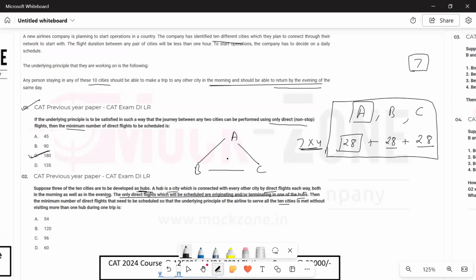That means 4 plus 4 plus 4, 12. These 12 are the ways in which these three hubs are connected with each other. So total answer क्या हो जाएगा? 28 into 3 plus 12. 28 into 3 is how much? 84. 84 plus 12, which is how much? 96. The answer for the second question is 96.